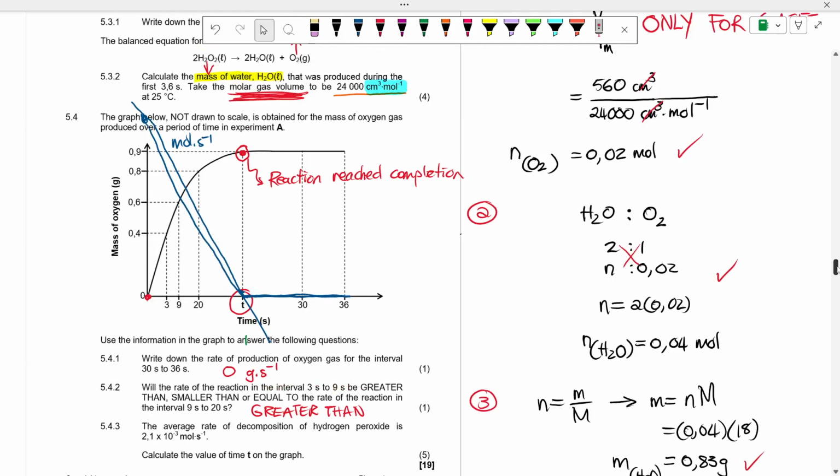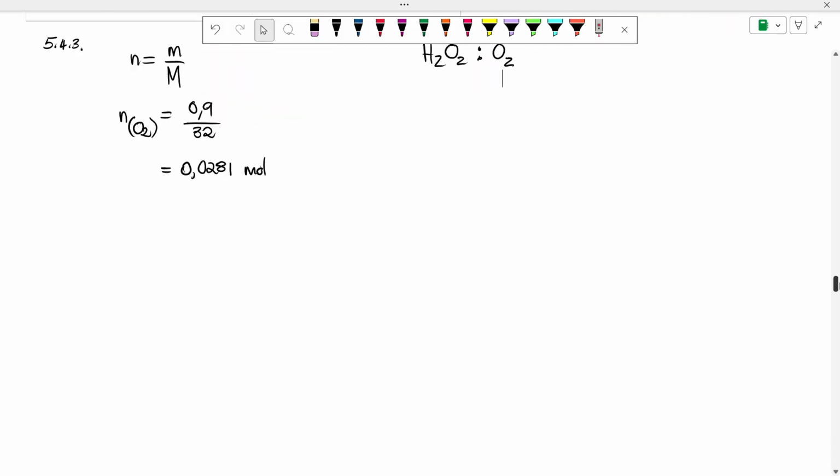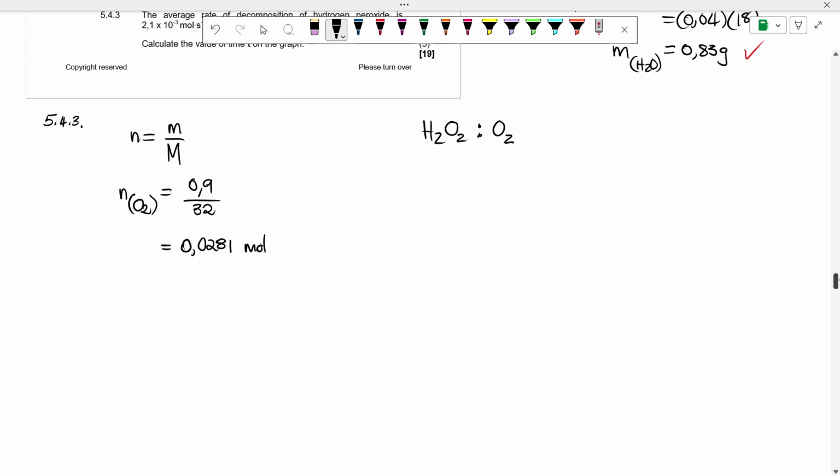The ratio is 2:1 from the balanced reaction. If you don't understand, you can ask before we move on. And then I can substitute the number of moles of oxygen to find the amount of hydrogen peroxide at that point.